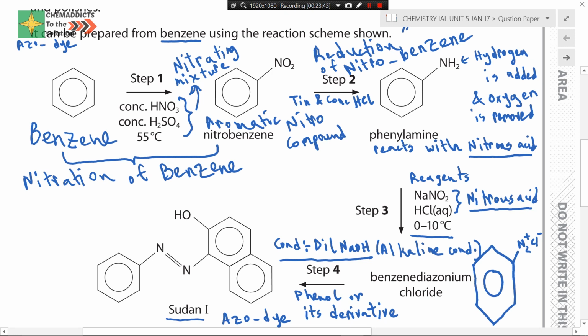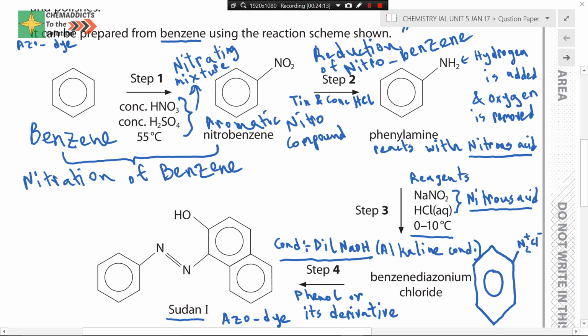We carry out the reduction for the preparation of an aromatic amine. This is a reduction reaction because hydrogen is added and oxygen is removed.